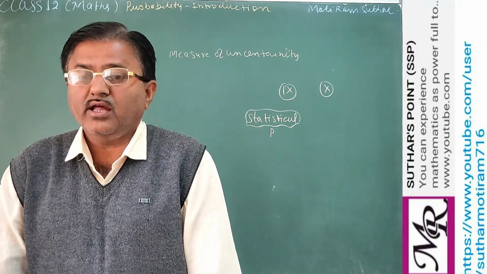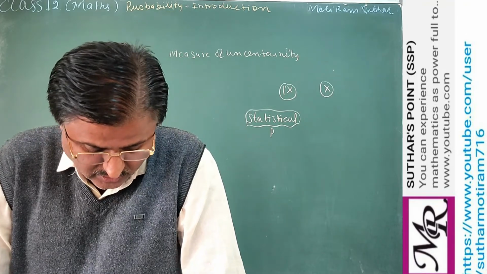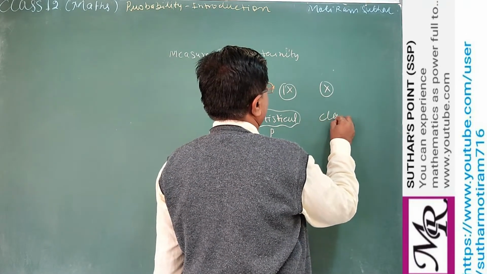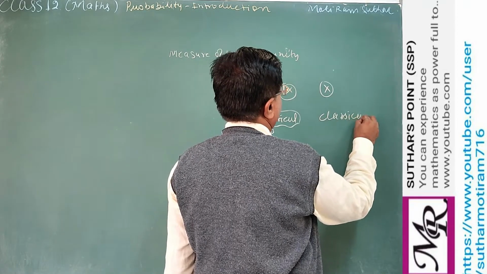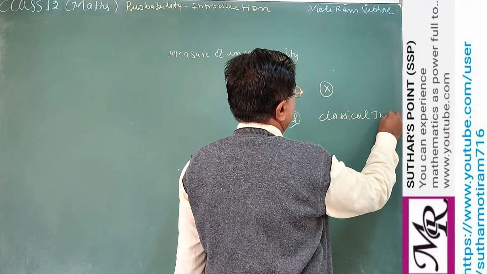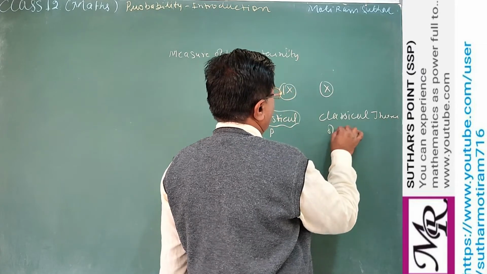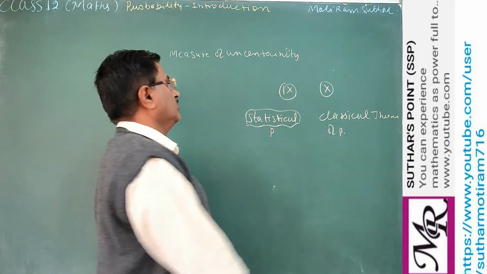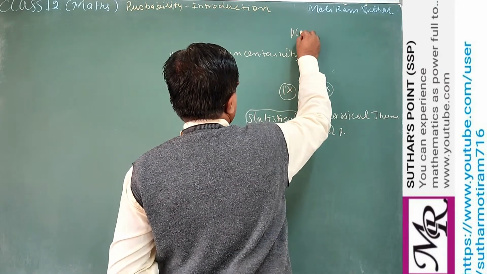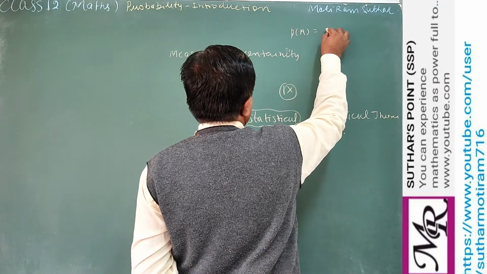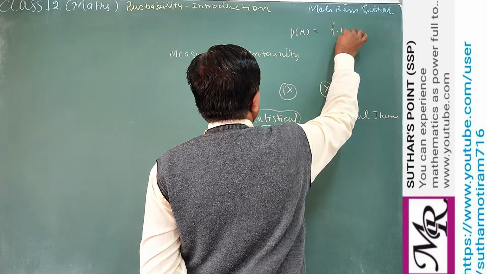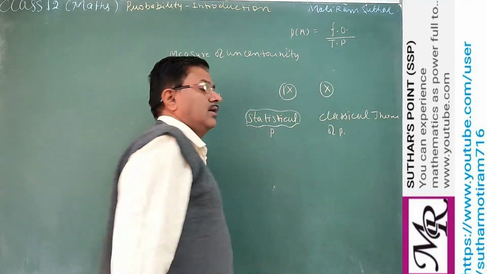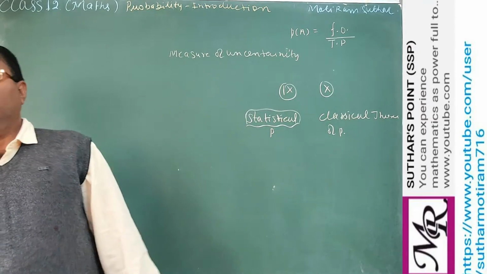Then later on in 10th class you see the classical theory of probability. In 10th class we give the formula for finding the probability of any event as favourable outcomes upon total possible outcomes.